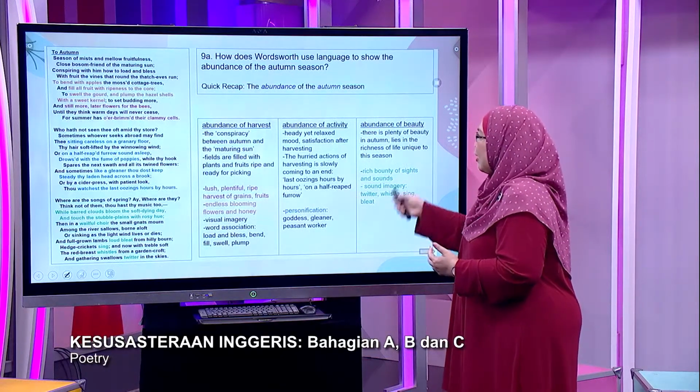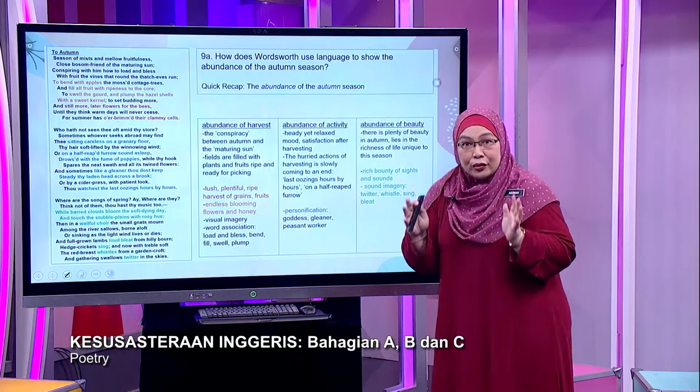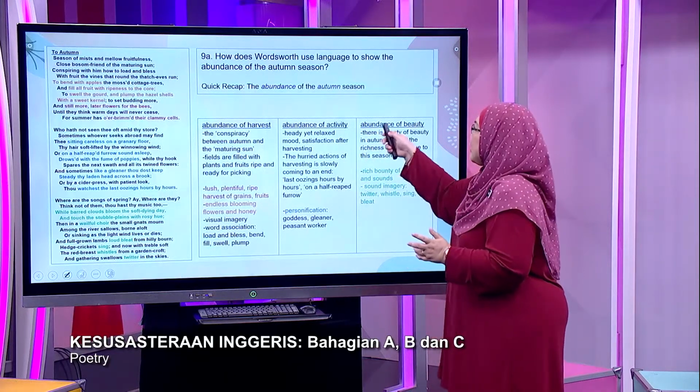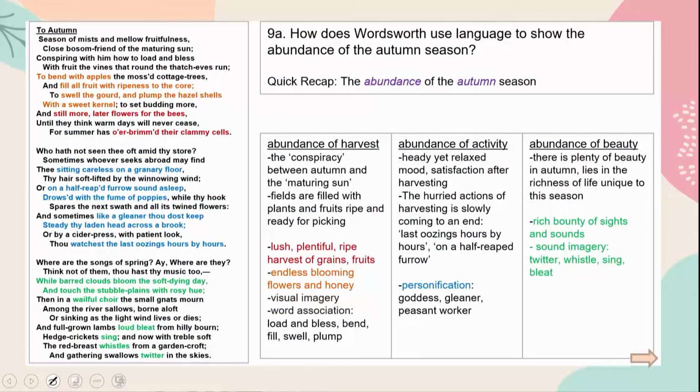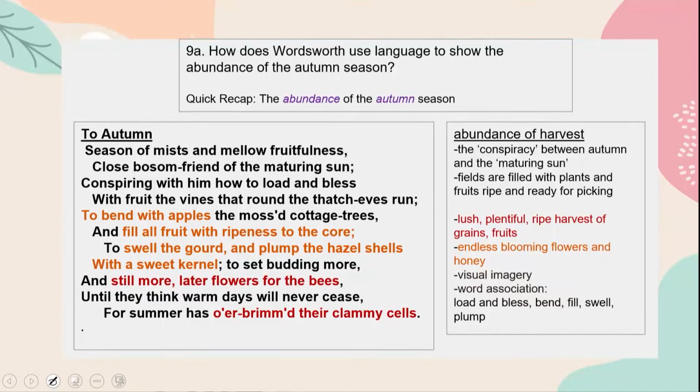So if you break it into 3, abundance of harvest, activity, and beauty, you could then already lay out your response. When you lay out your response, you would work out the first stanza and then relate it to the abundance of harvest. Where is that?